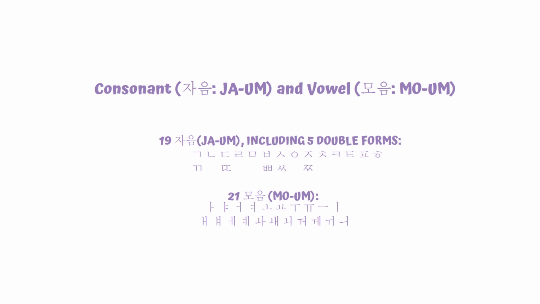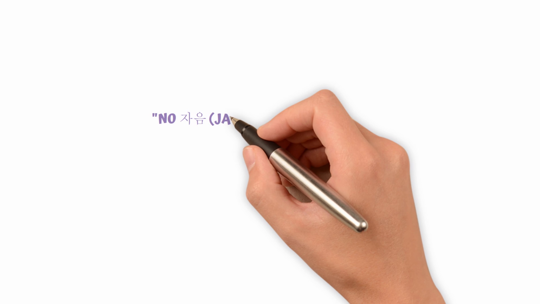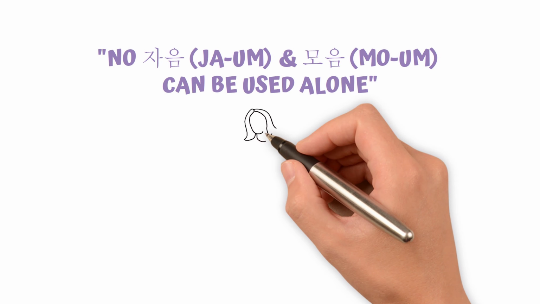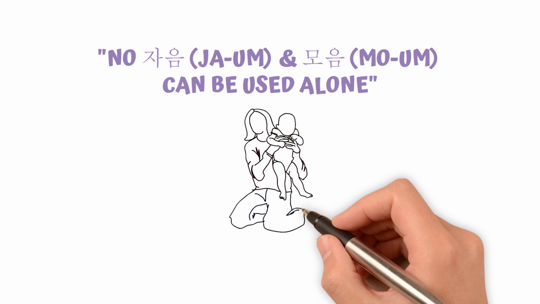With a little more complex forms, 에, 예, 에, 예, 와, 왜, 워, 왜, 위, 이. And don't forget that neither JA-UM nor MO-UM can be used alone, that they need each other's support because they're in a mother and a son relationship.